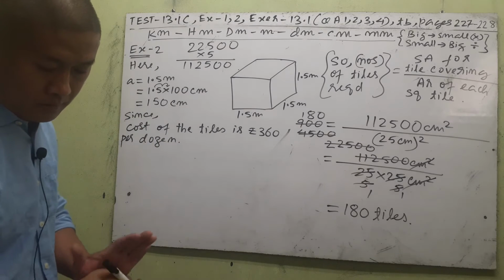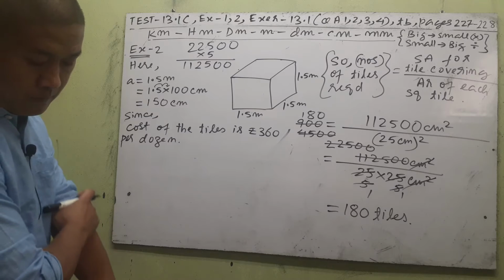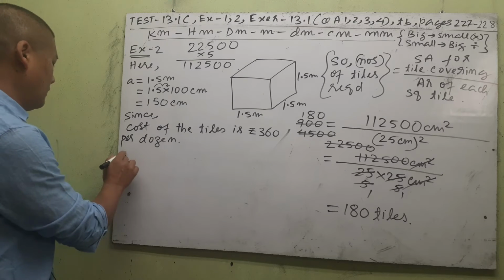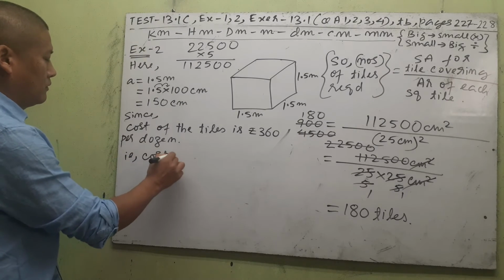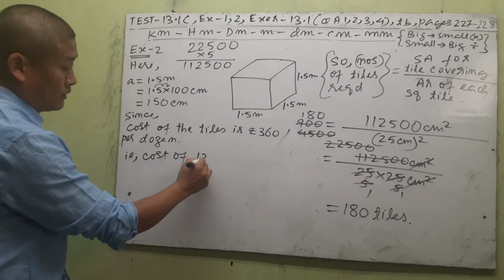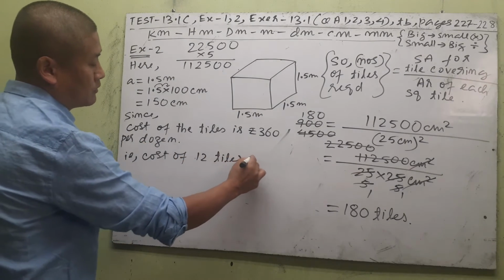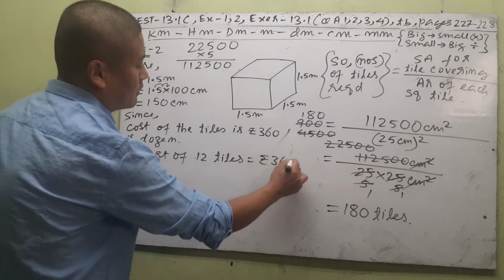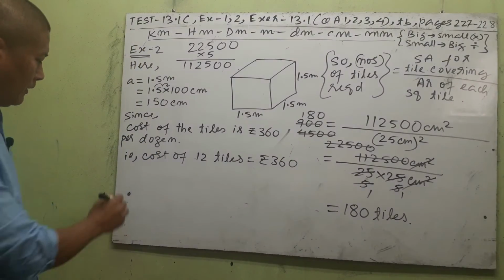So we can just write like this. The cost of a dozen means 12, so 12 tiles in other words is equal to rupees 360, right?